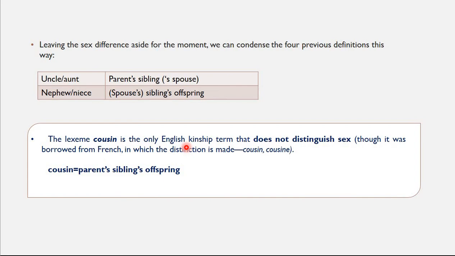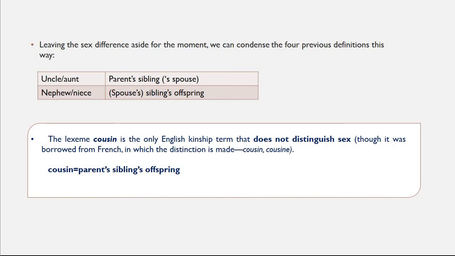Though it was borrowed from French, in which the distinction is made, like cousin and cousine, a cousin is the parent's sibling's offspring. In French they have different gender features, but in English cousin is used both for male and female cousin.